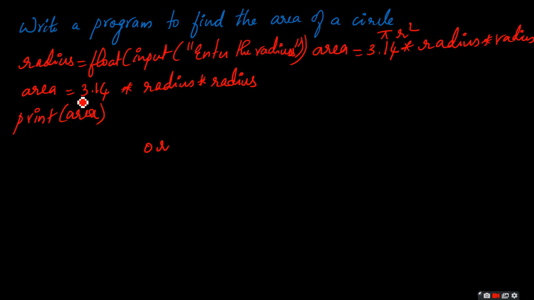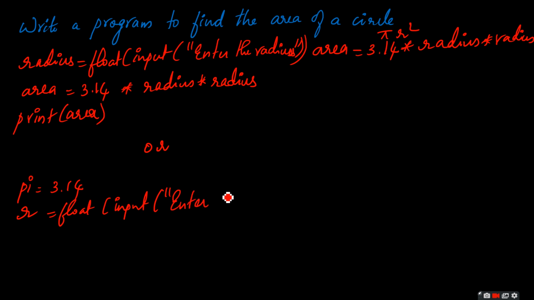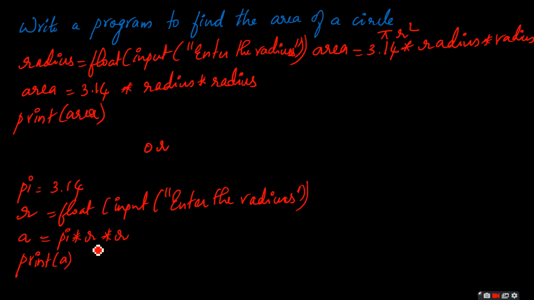If you want to give this value 3.14 to a variable, like this way we can give pi equal to 3.14. Then we can take a variable r and we can write float, input, enter the radius, then we can write area equal to pi into r into r, then we can write print a. This is one method.